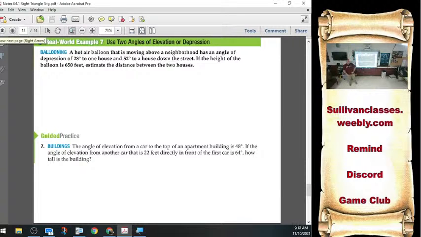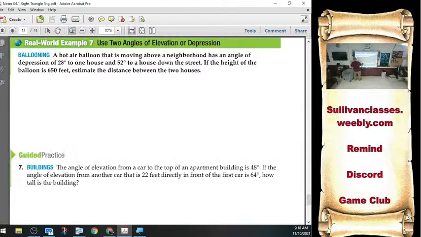Okay. This is the one that tended to goof with kids, because it involves making a system, which might involve making a rational expression out of trig functions. You have the skills to do this. Kids don't like it. Hot air balloon moving above neighborhood. Angle of depression, 28 degrees to one house, 52 degrees to a house down the street.